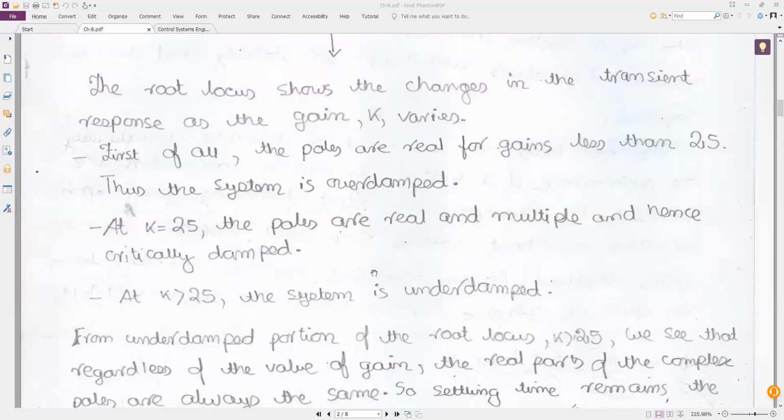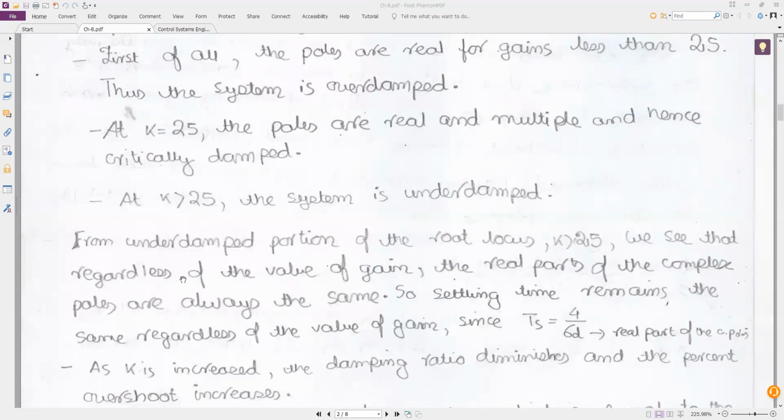Overdamped, underdamped, these things we have studied earlier. From the underdamped portion of the root locus, where K is greater than 25, we see that regardless of the value of gain, the real parts of the complex poles are always the same. So settling time remains the same regardless of the value of gain.